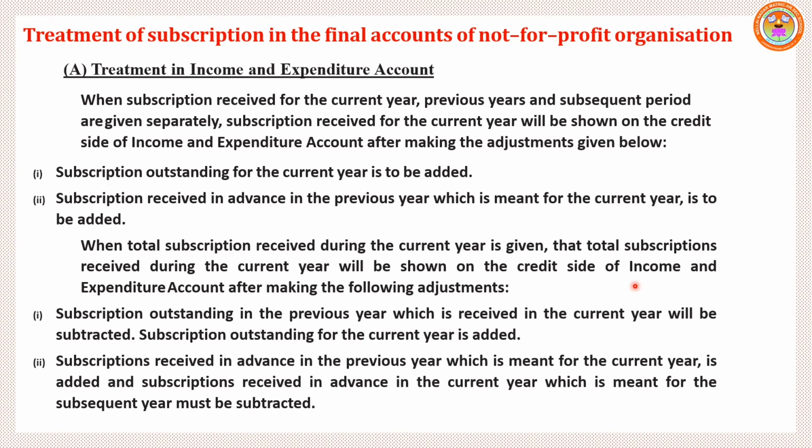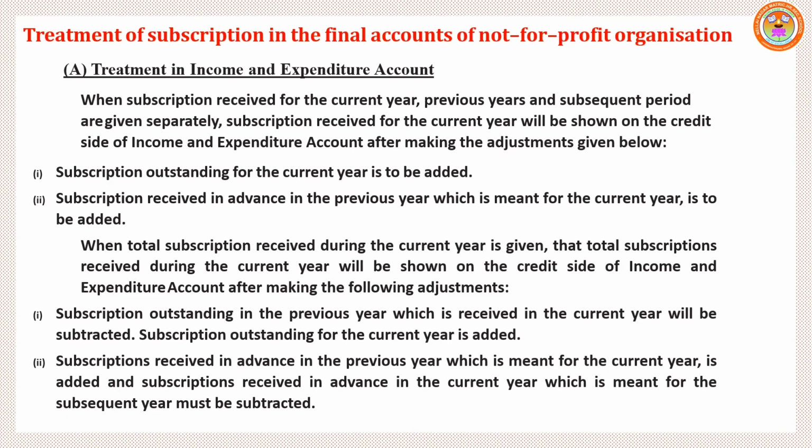While doing sums, it will be very easy to understand. Subscription received in advance in the previous year, which is meant for the current year, is added, and suppose if we have received subscription for the next year, included in the current year subscription, that also must be deducted.